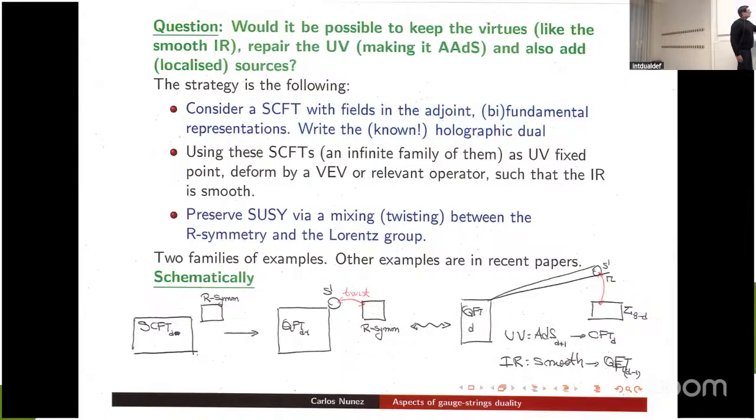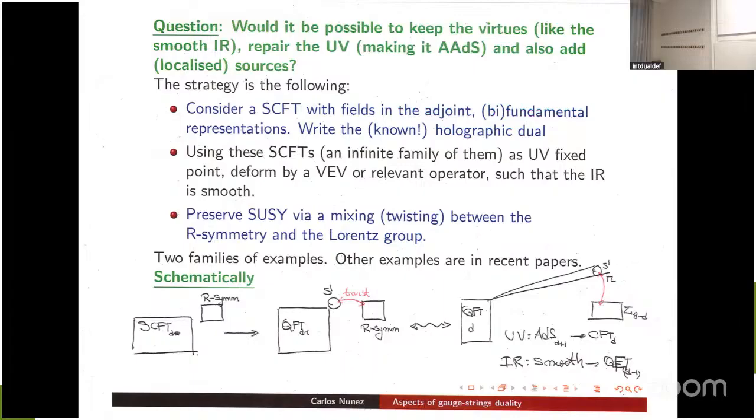Holographically, this will turn into, as I will show you in a minute, backgrounds that contain 3 Minkowski directions, some non-compact radial direction, and a circle that will be foliated over that direction, shrinking to zero size. So that will be the compactification of this circle. This circle will also be fiber mixed with the internal space. The UV is going to be AdS5, so it will correspond to a conformal field theory in 4 dimensions.